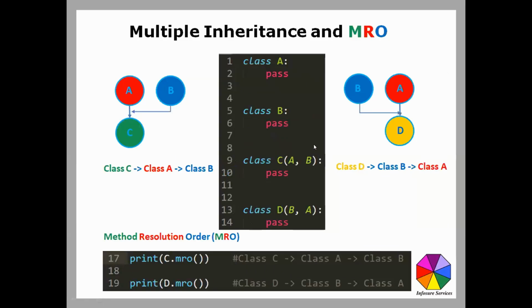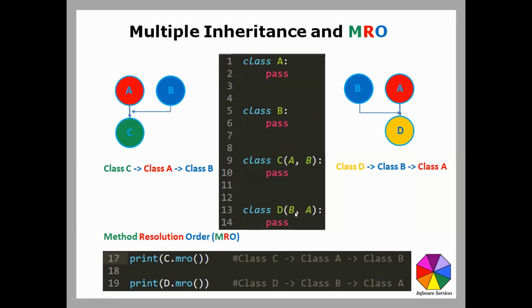In case of multiple inheritance, I can have class A, class B, and while creating a child class, I can have two classes from which it is inheriting, A comma B. So class C is my child class which inherits from A and B. Now class D is another class, but it is inheriting from B comma A.